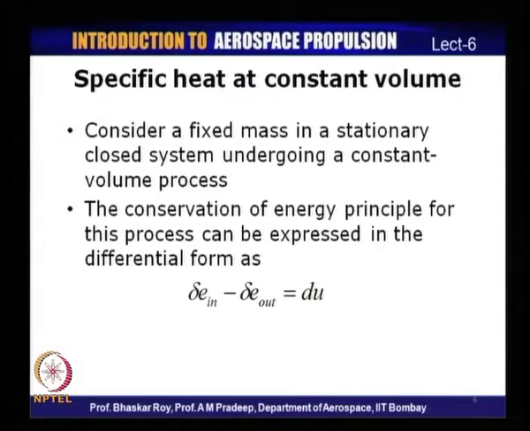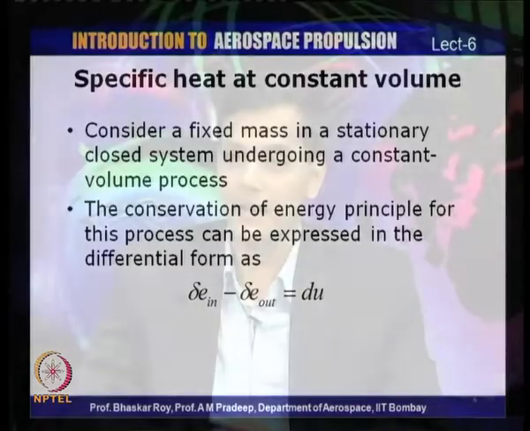Now, let us consider a fixed stationary mass of a closed system undergoing, let us say, a constant volume process. As I had already mentioned, specific heat can be defined in two different ways depending upon how the process is carried out. One of them is known as specific heat at constant volume and the other is known as specific heat at constant pressure.